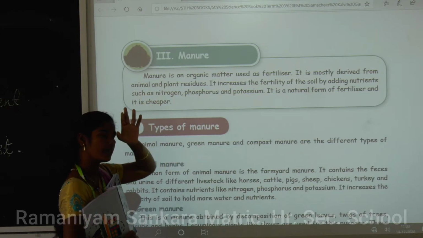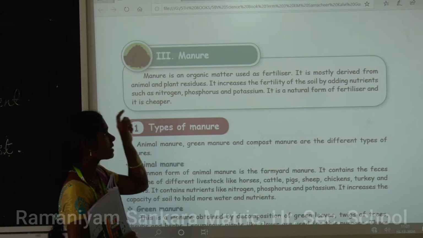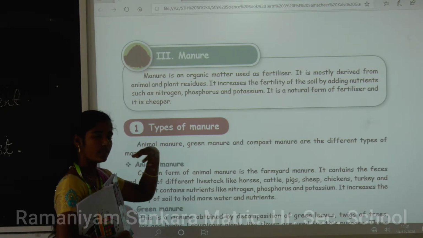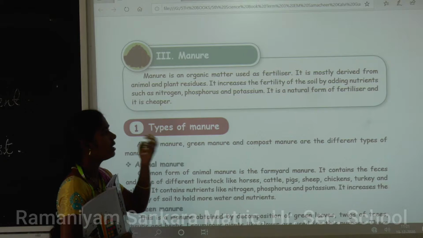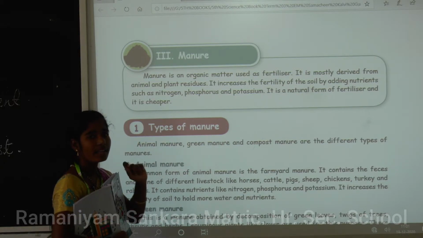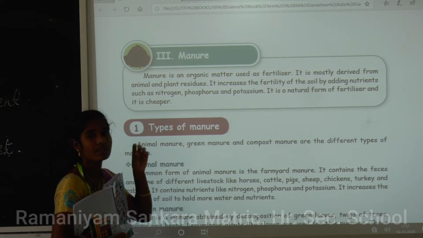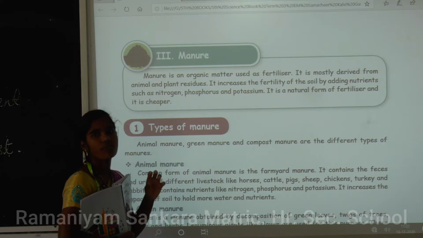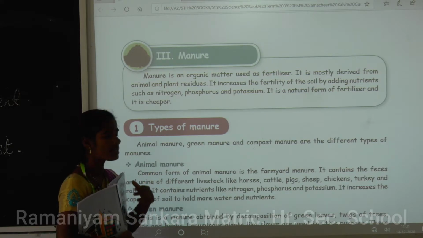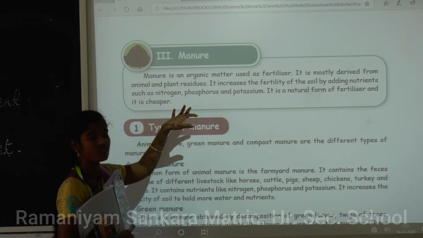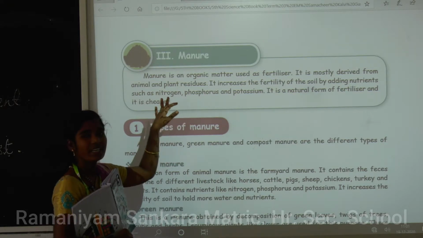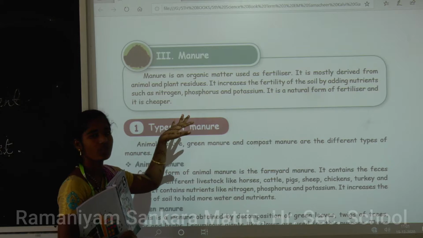So first, it increases the fertility of the soil. Next, it adds nutrients. It contains nutrients like nitrogen, phosphorus and potassium. These nutrients are very essential for plant growth; they are the macronutrients, used for the growth of the plants.